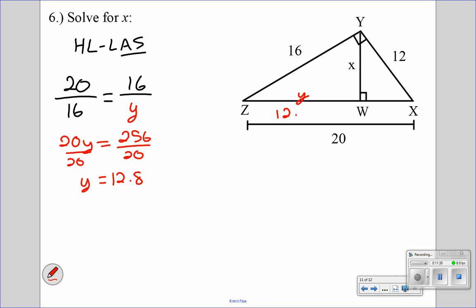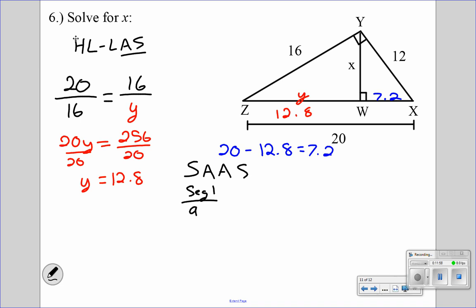If this is 12.8, we can simply do 20 minus 12.8, which gives us 7.2. And that tells us what our other segment is, because we just did the entire hypotenuse minus one of the segments gives us our other segment. So now that we have two segments, we can use SAS to find our altitude, because SAS is segment 1 over altitude equals altitude over segment 2.